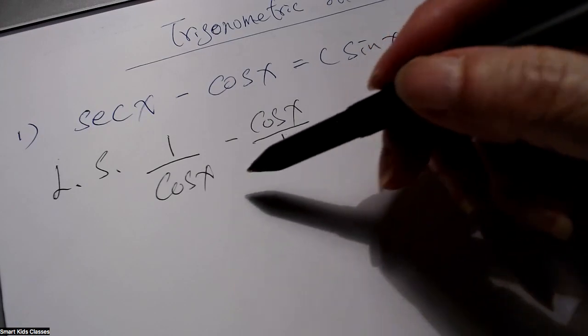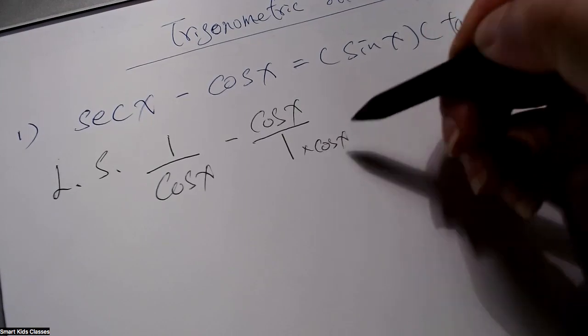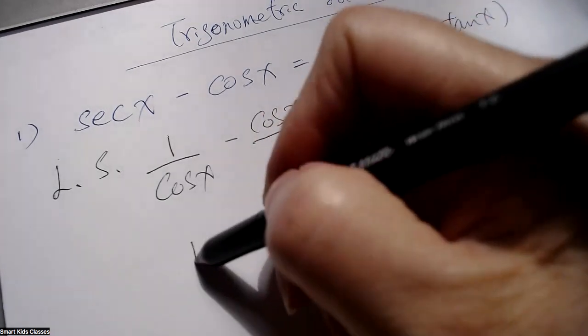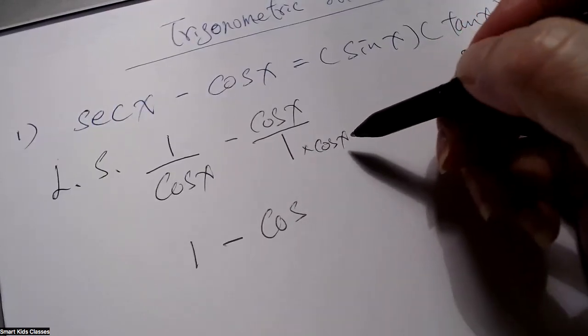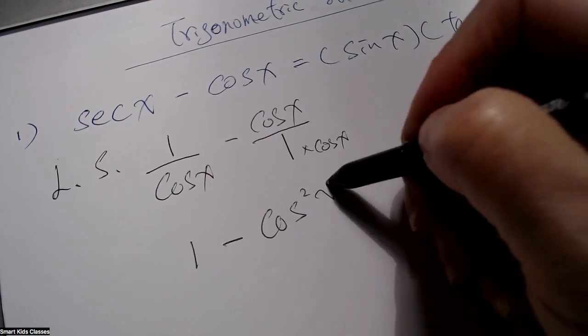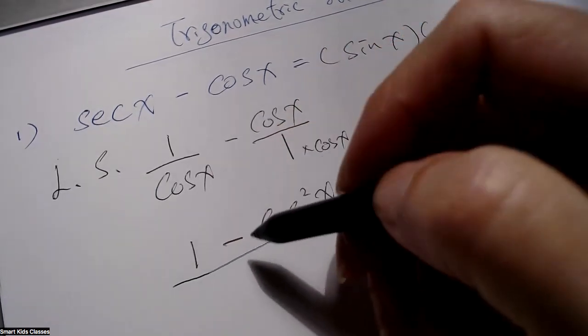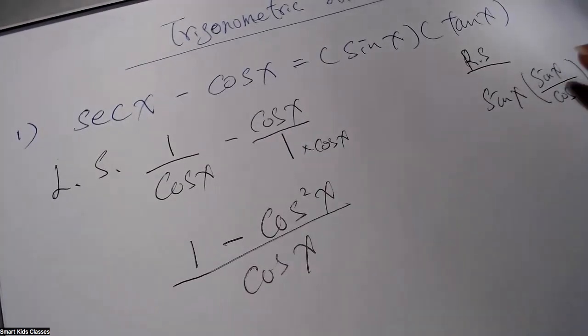So we change them into the same denominator. This 1 times cosine x gives 1 minus cosine times cosine, and we get cosine squared x over cosine x.